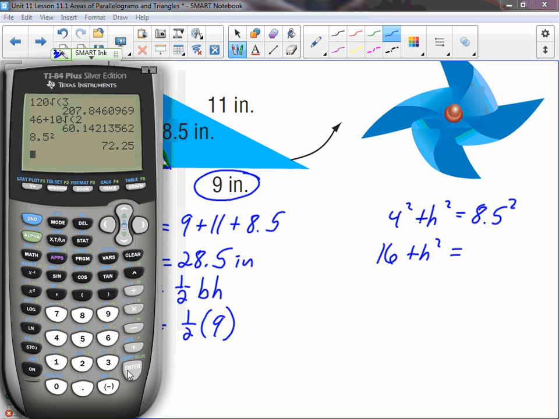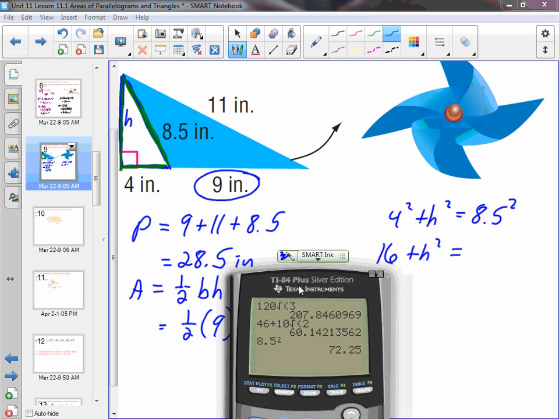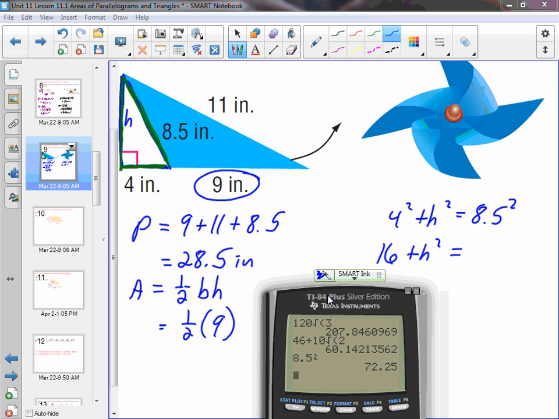Yeah, that's an oversight on their part, isn't it? Y'all see what he's talking about? They've actually given us lengths that can't work out.